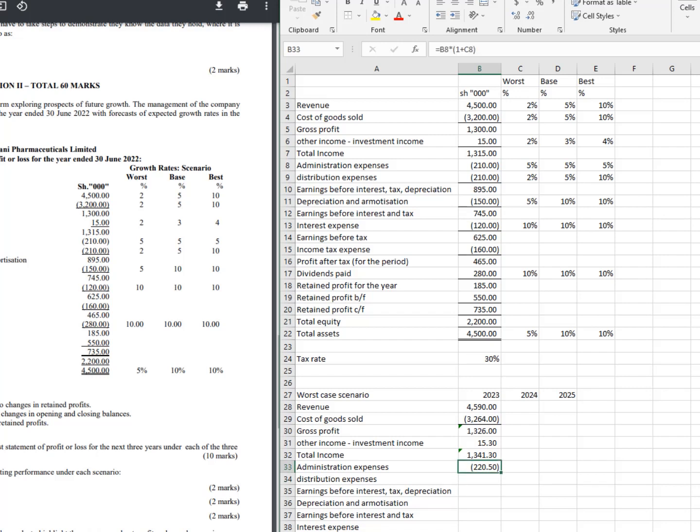Now, instead of doing the same for distribution expense, we can simply copy. Now, how do we copy this formula? We click here and we insert Control C, and then we come down here at the depreciation expenses cell and we type Control V, and it will automatically insert the same formula based on the cell, right?